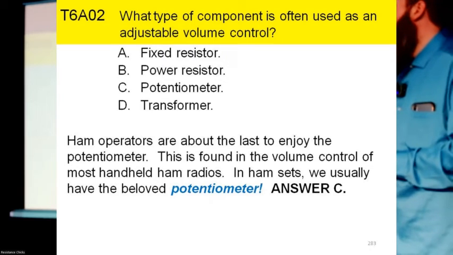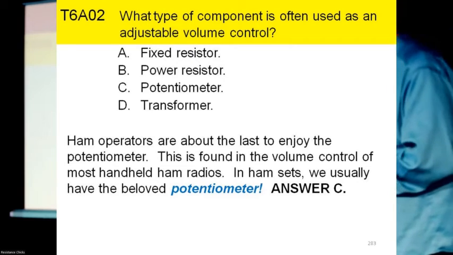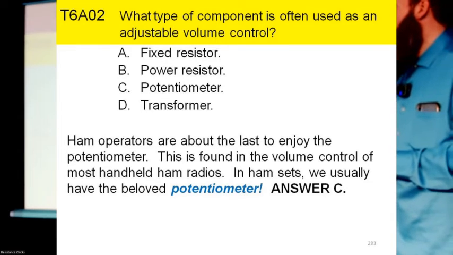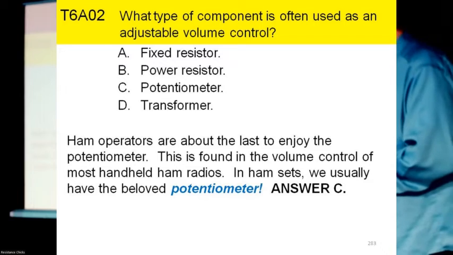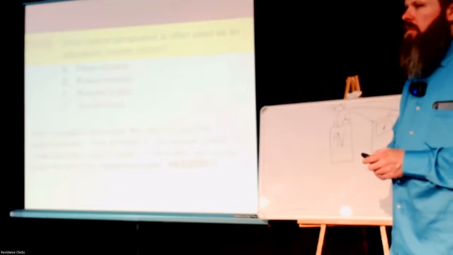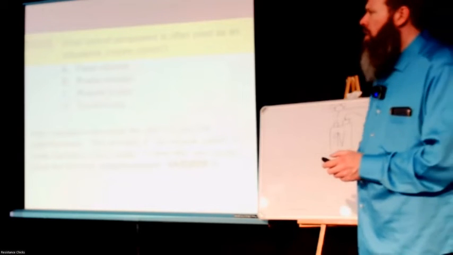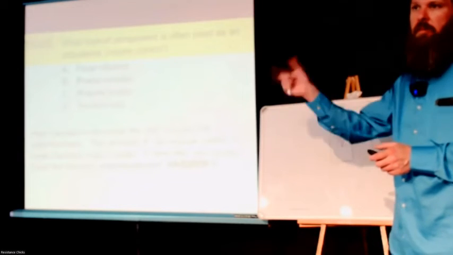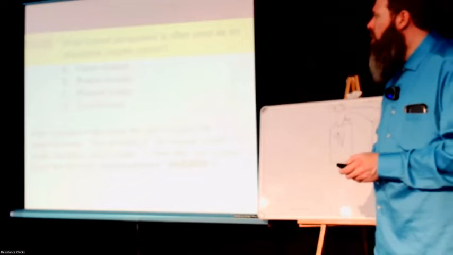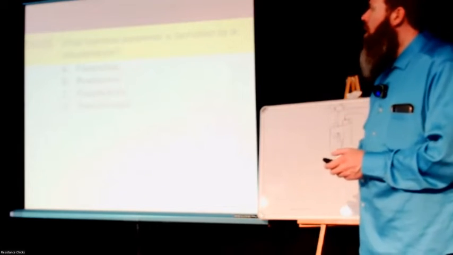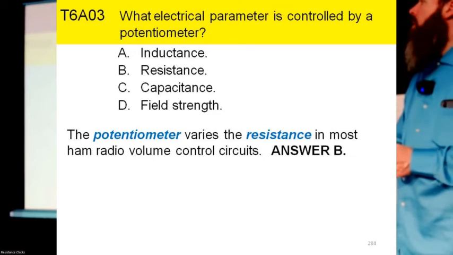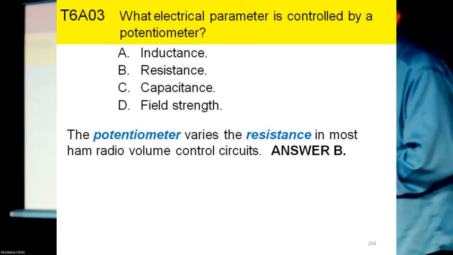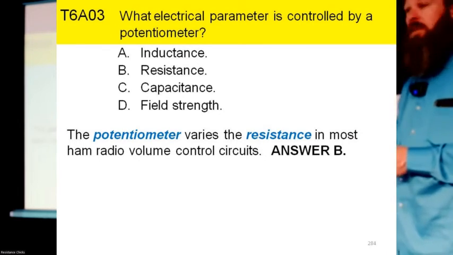What type of component is often used as an adjustable volume control? It's a potentiometer. A potentiometer is essentially just a variable resistor. That's the volume control. What electrical parameter is controlled by a potentiometer? It's a variable resistor, so resistance.